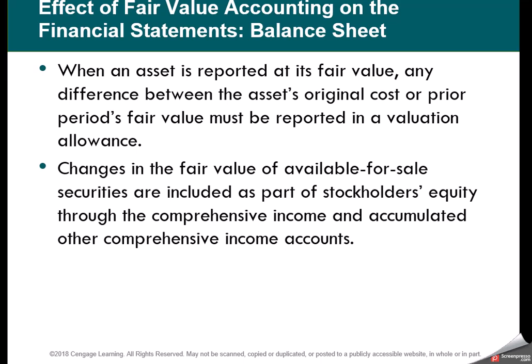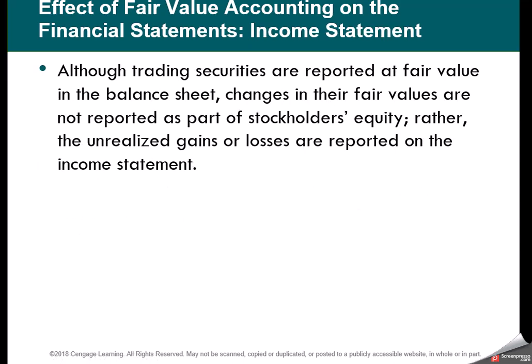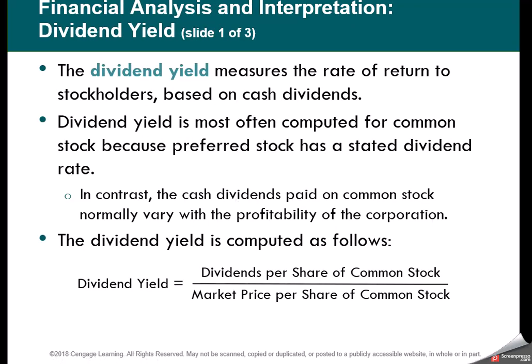Any changes in fair value for those available for sale, remember back a few slides, go into our stockholders' equity, not directly into our income statement. Our trading securities are the ones that we report at fair value, and our unrealized gains or losses go into the income statement. So again, just rehashing what we've already talked about.